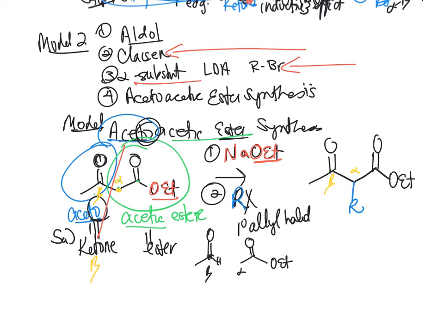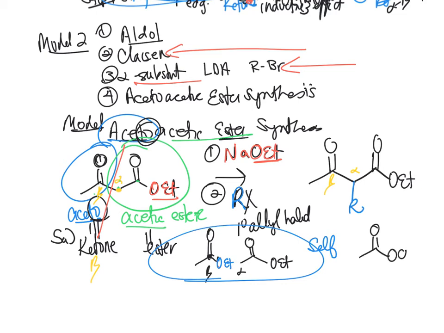Or no, that wouldn't work. Sorry, because you have a keto there. Keto. So because this is a keto on the beta, this has to be OCH3. Or well, in this case, it'd be ethyl. Because you want to keep the esters the same. So this would be O ethyl. So this actually is a self-Claisen. And you can do the chemistry then.